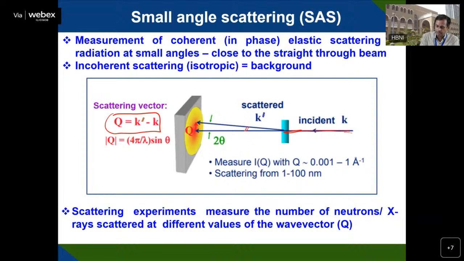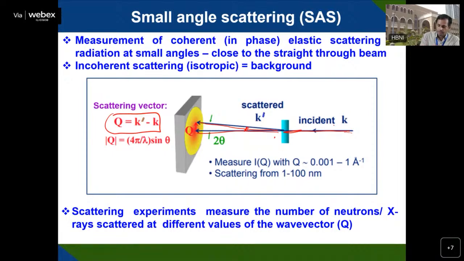You can see this angle is quite small. This is the scattered beam, and this is the transmitted beam. The angle is very, very low, generally 0 to 10 degrees.